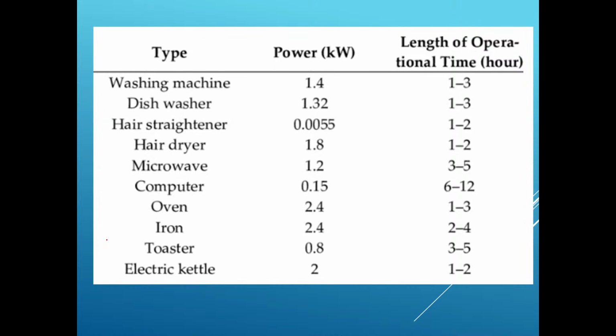The duration for which they are operated will vary from person to person, from one house to another. In one house, they may operate the washing machine 2 times per day, so this time will vary from 3 to 6 hours, isn't it? Some people may use a dishwasher, or some may not use a dishwasher, so they will not even buy it.